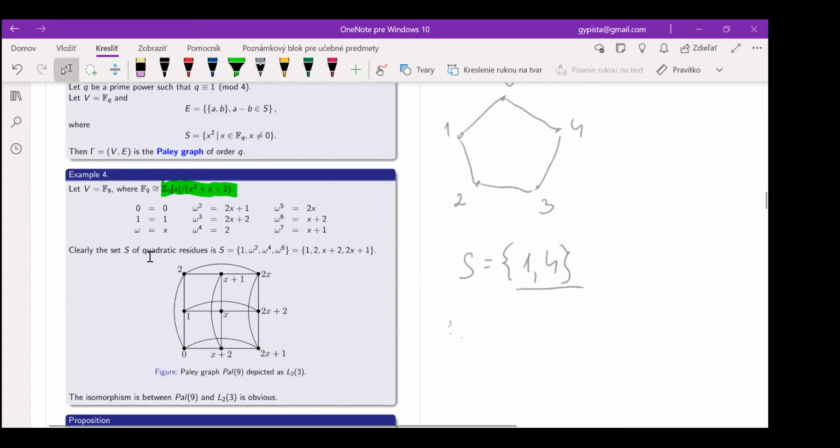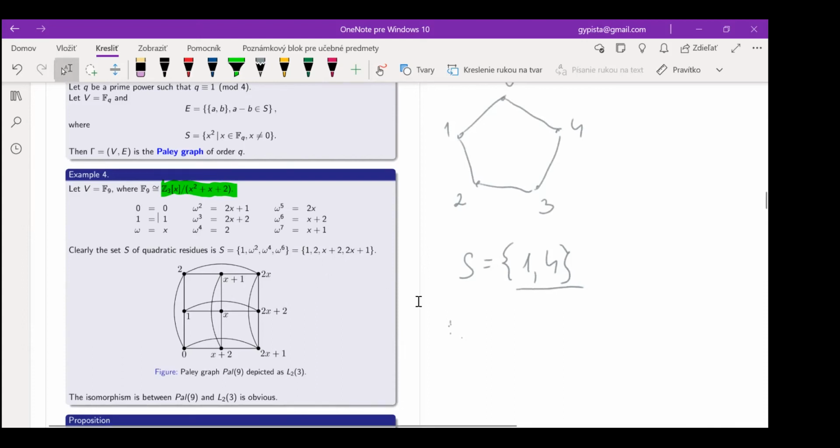We can write down or physically construct the field, and after that, by taking all the second powers of all elements, we obtain that the squares are the polynomials 1, 2, x plus 2, and 2x plus 1.